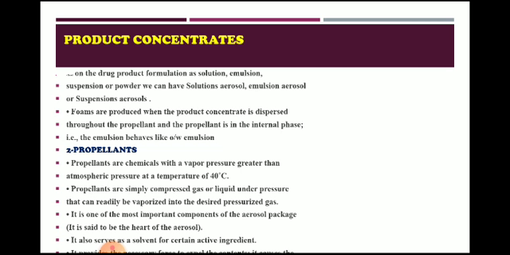The propellant is one of the most important components of the aerosol package. In other words, we call it the heart of the aerosol. It also serves as a solvent for certain active ingredients.